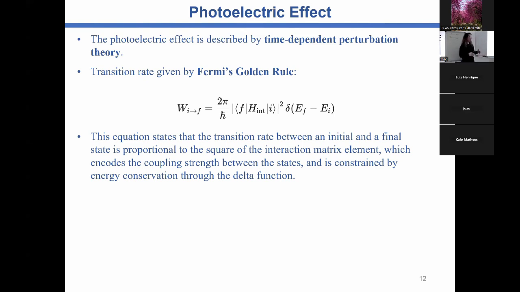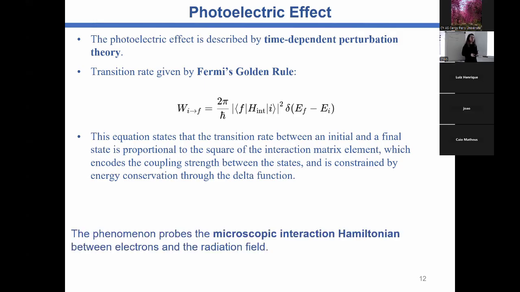And this is the basis of the photoelectric effect, because we can know the rate of this transition using knowledge of the material morphology, for example, and how this morphology could interact with the light, so it can predict the energy states of the system.